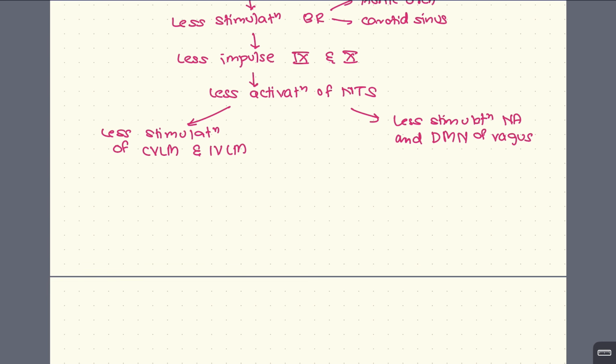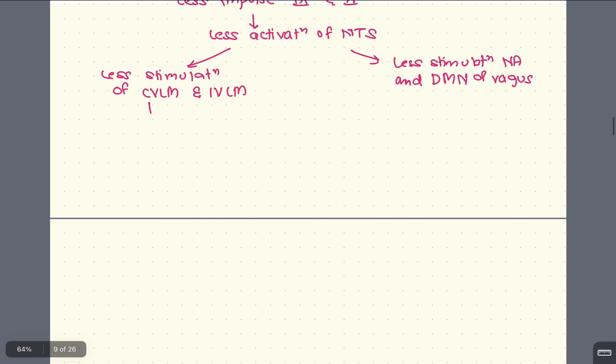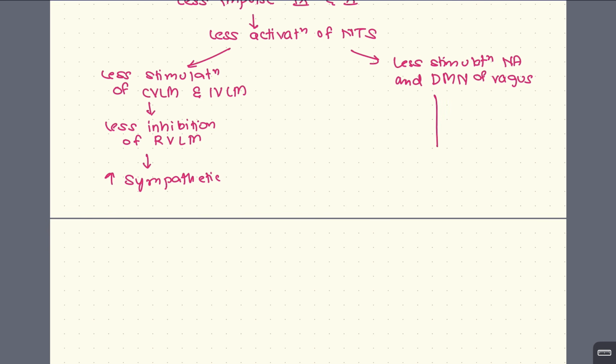Hope that is clear. Less stimulation of CVLM and IVLM causes less inhibition of RVLM, and this results in increased sympathetic discharge. Less stimulation of NA and the dorsal motor nucleus of the vagus causes decreased parasympathetic discharge.